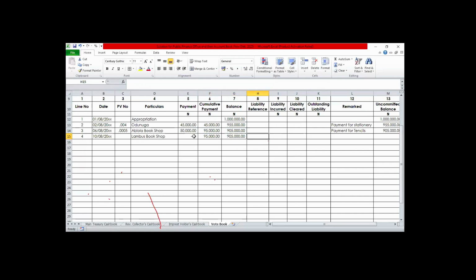You move down to what? What is the liability reference? LPO what? What's the number of the LPO? LPO number 0044. How much is the liability incurred on that, because we have not made payment? 100,000.